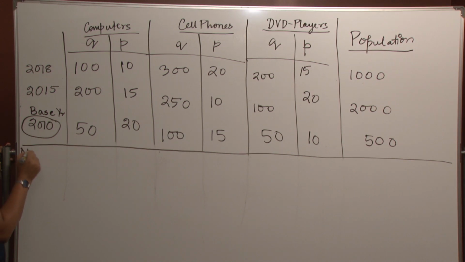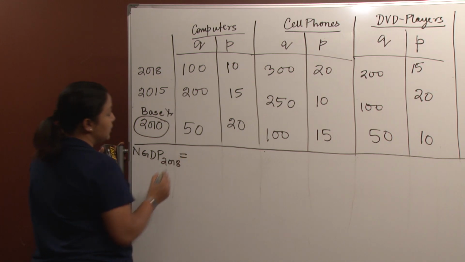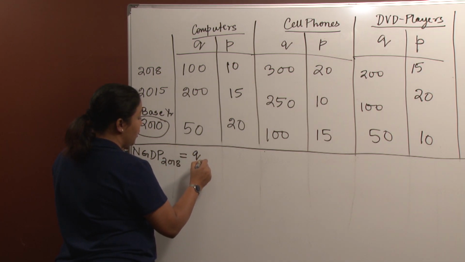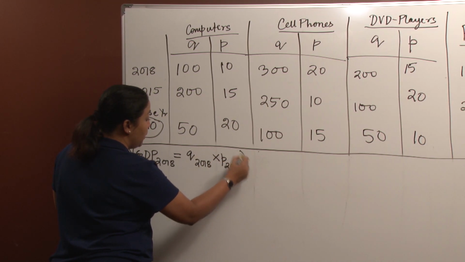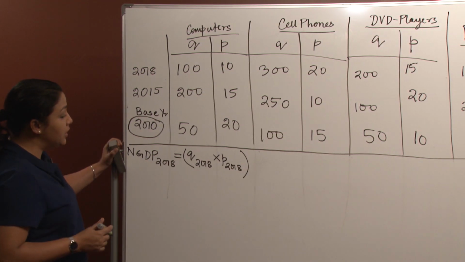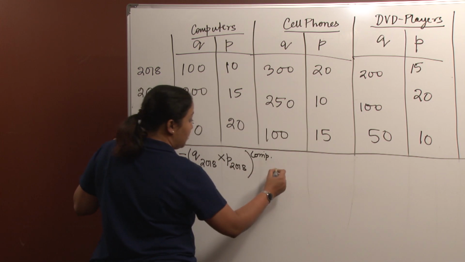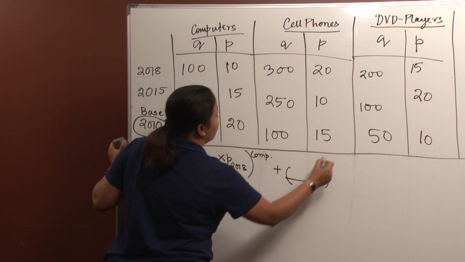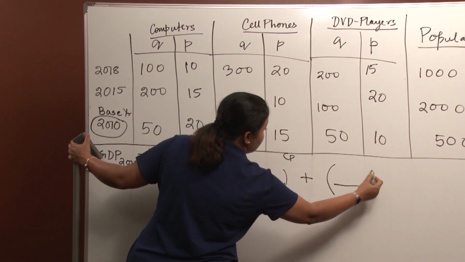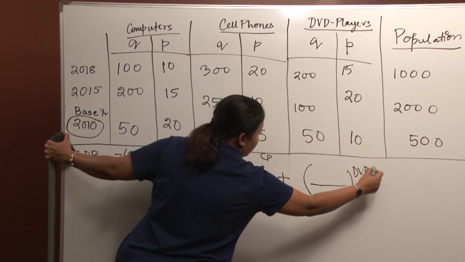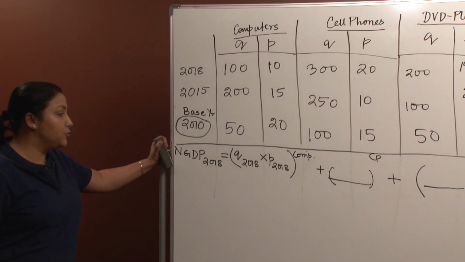So if I have to find the nominal GDP of 2018, I would basically do the quantity of 2018 times the price of 2018, but I would do that for all these three commodities. So I would do it for computers, I would do the same thing for cell phones, and I would do the same thing for DVD players, right, and add them up, because those are the three commodities that are produced in the country.